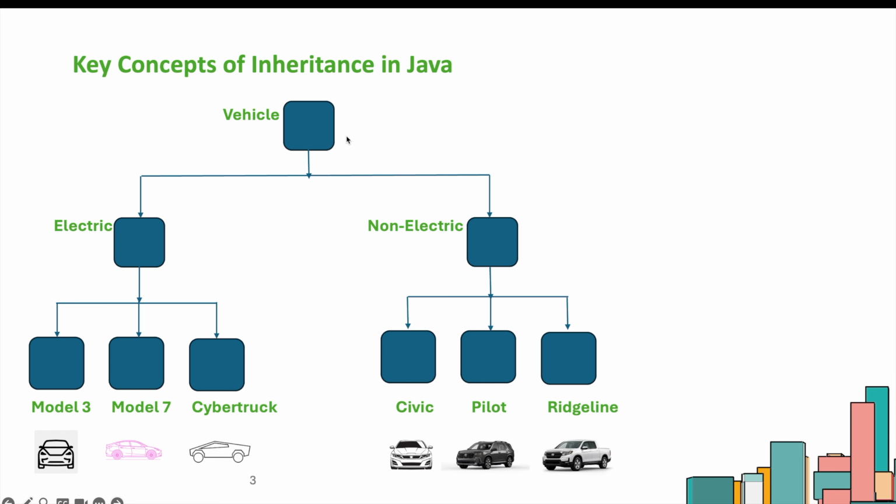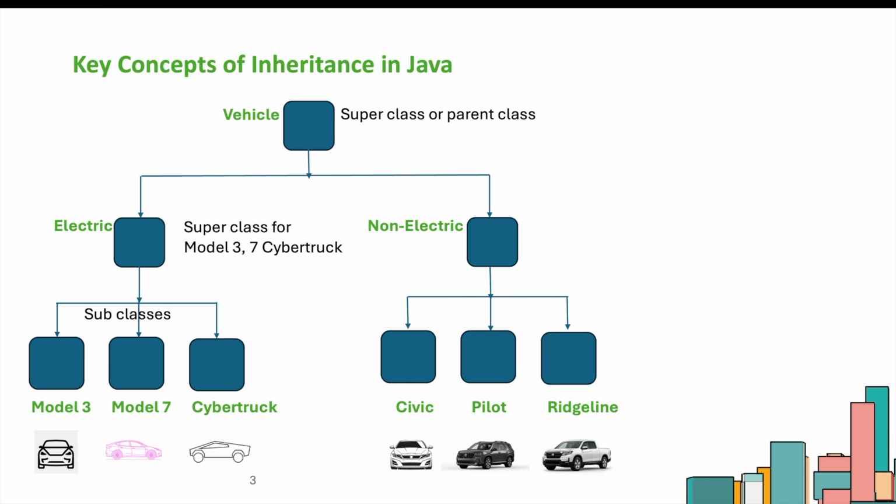Vehicle is the superclass, and electric and non-electric are subclasses of the superclass. If you look at this UML diagram, vehicle can be called superclass or parent class for the electric and non-electric subclasses.